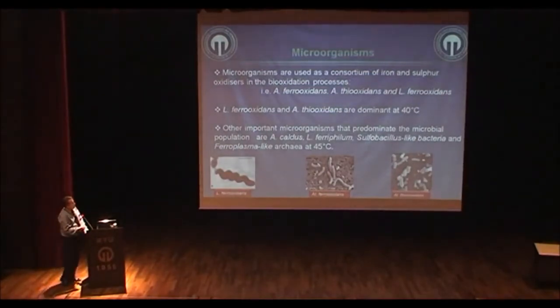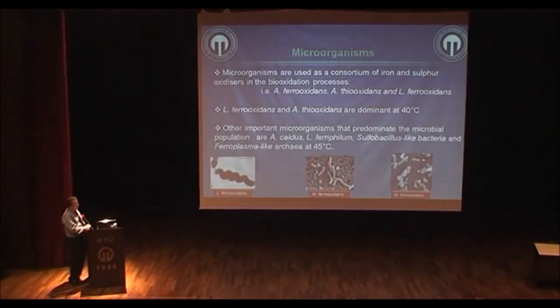These microorganisms are used as a consortium, in other words, as mixed cultures of iron and sulfur oxidizers in the biooxidation process. For example, in the BIOX process, Acidithiobacillus ferrooxidans, Acidithiobacillus thiooxidans, and Leptospirillum ferrooxidans are all used together.